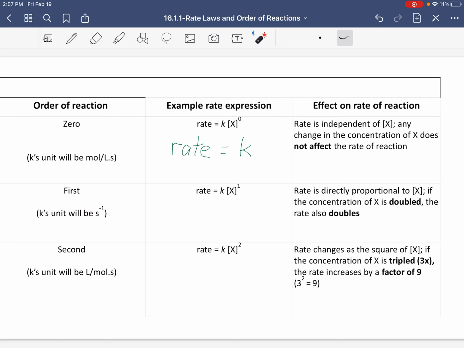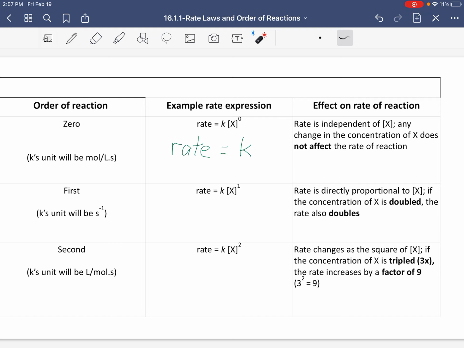Now, I didn't say anything about concentration per second or liters per second or moles per second. No, just per second. So whenever you see a rate constant, and somebody says this is the rate constant for this reaction and it is per second, you can bet that this is a first order reaction, and a first order reaction is dependent on the actual reactant.